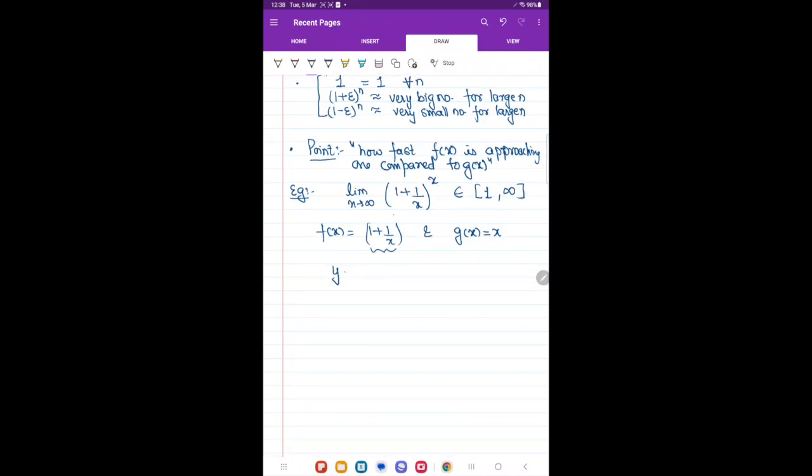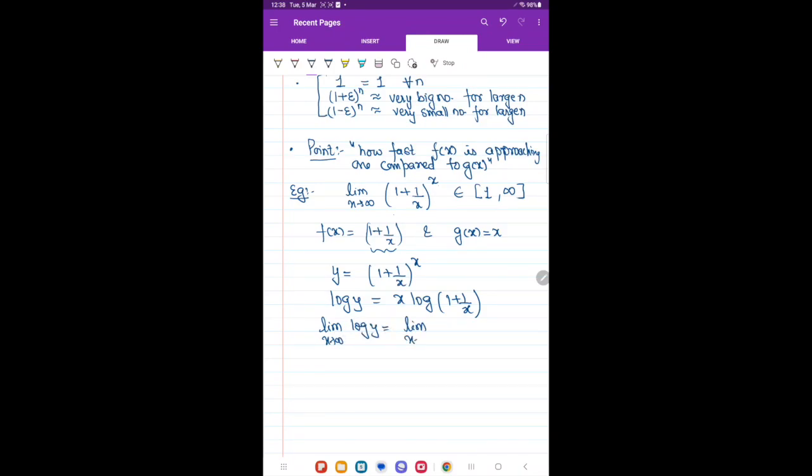To solve this limit, generally we consider y as 1 plus 1 over x raised to power x, and take log both sides. So this is x log of 1 plus 1 over x, and now take the limits both sides.